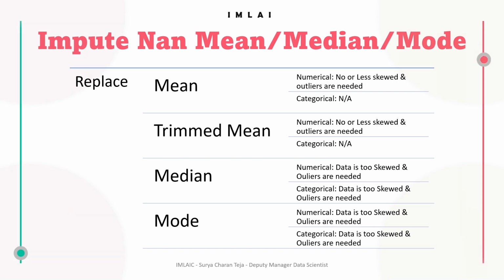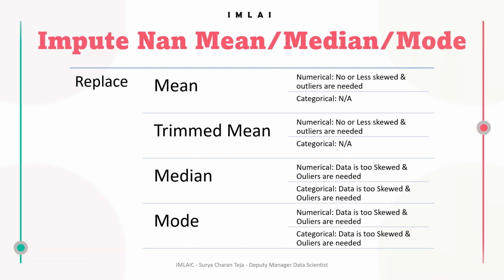Data like NaN, asterisk, hash, NA, or a minus triple line are all considered missing values or empty ones. The techniques using mean, median, mode are used for the following categories: numerical and then categorical.